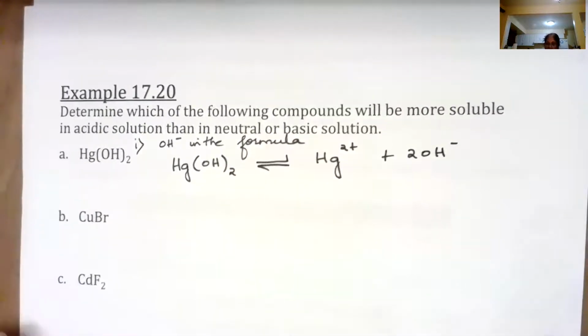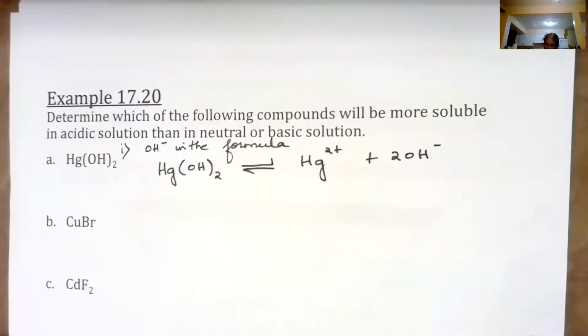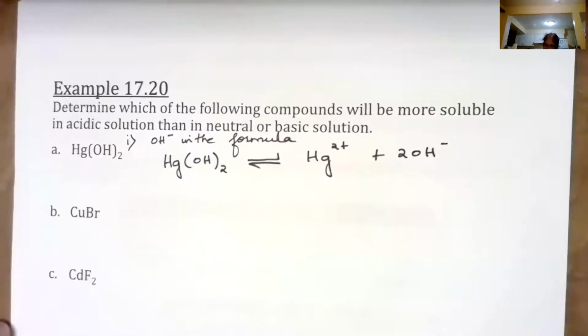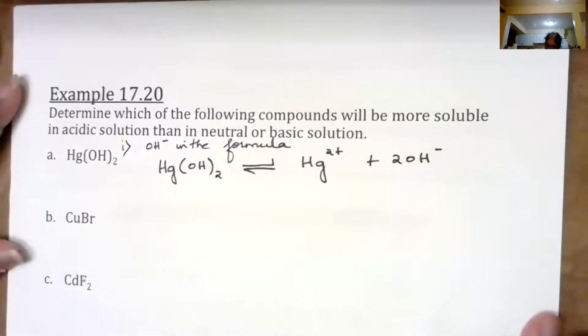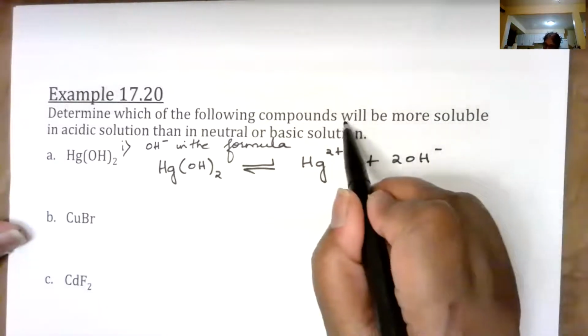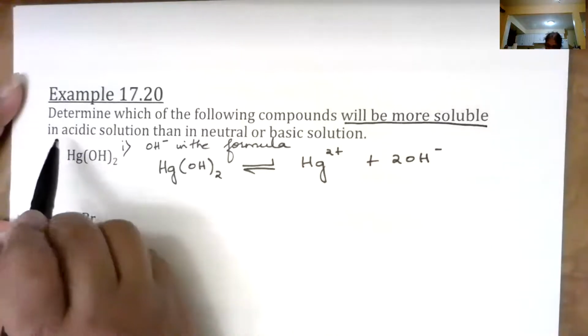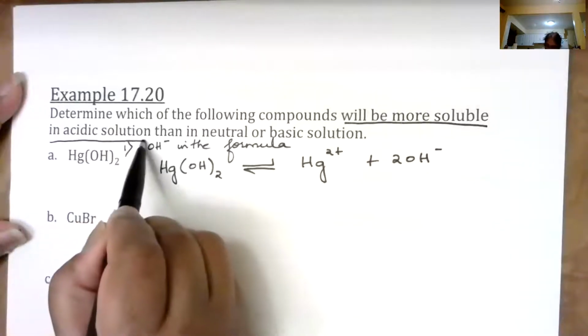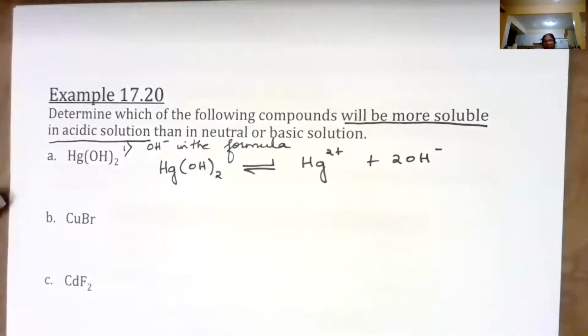Okay, so now we have to read the question. We just started working through the structural characteristics of the compound. The question is, which one will be more soluble in acidic solution, rather than a neutral or basic solution?